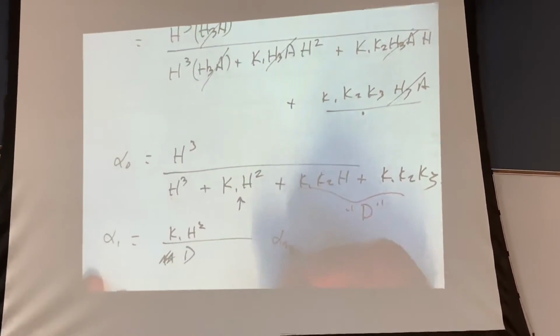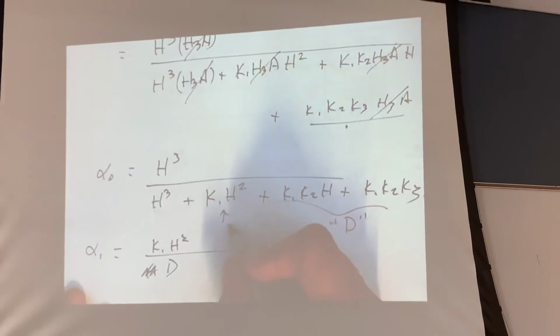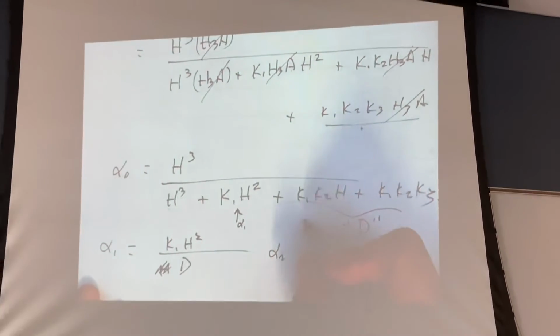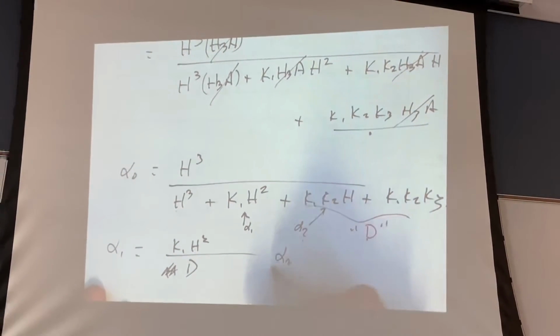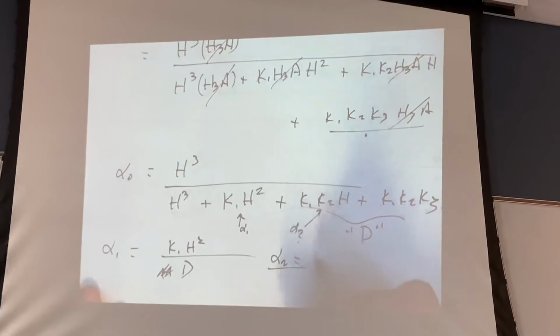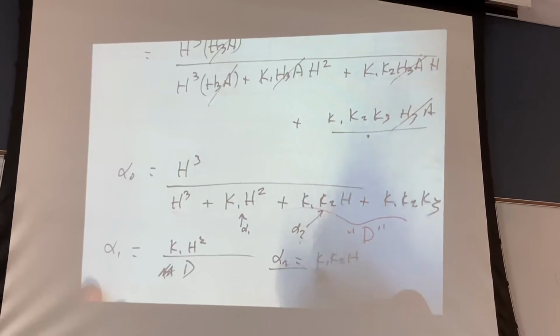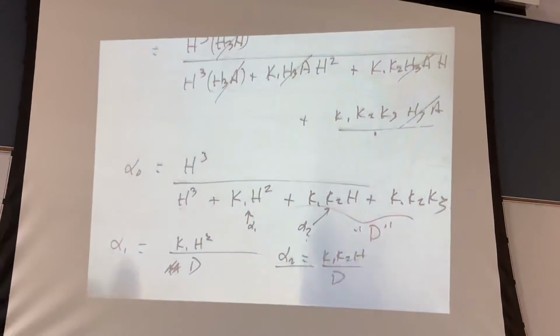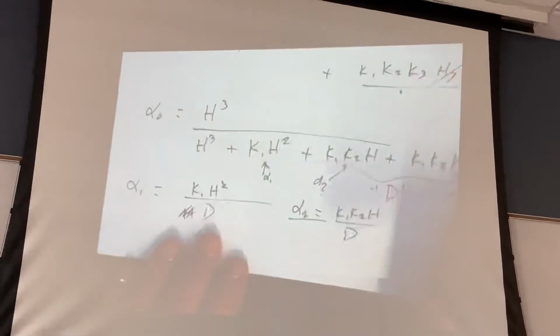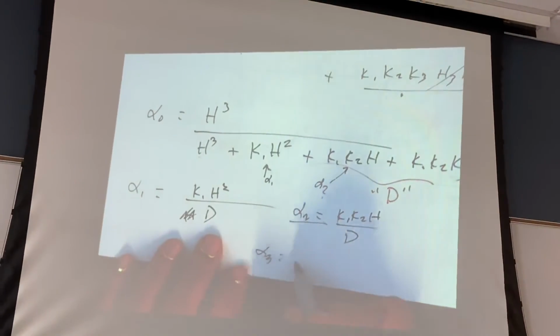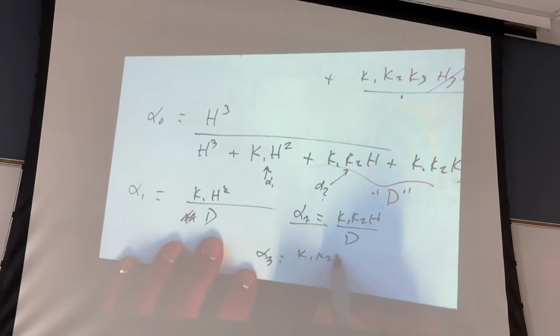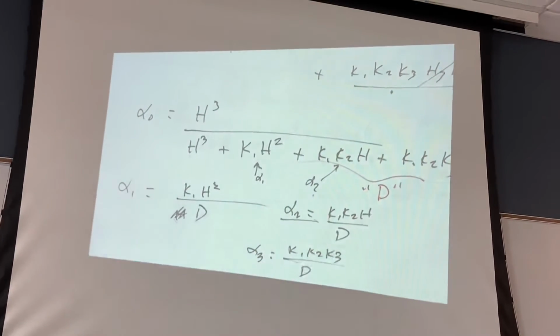Alpha 2 is this next term, K1 K2 H over the denominator. And alpha 3 is equal to K1 K2 K3 over the denominator.